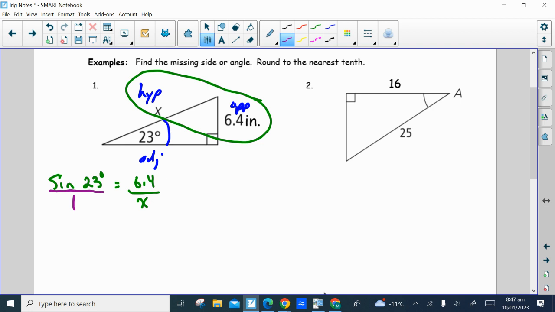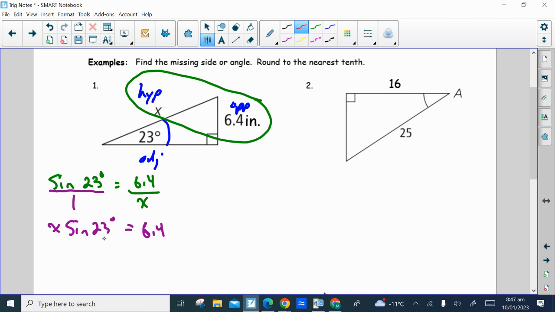You'd have x times the sine of 23 on one side equaling 6.4 on the other, which is exactly what you get if you cross multiply here. X times the sine of 23 degrees equals 1 times 6.4. So that is the exact same expression you would get if you multiply both sides by x. It is the same as cross multiplying.